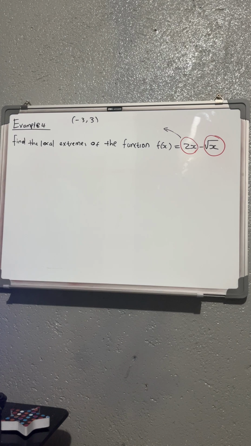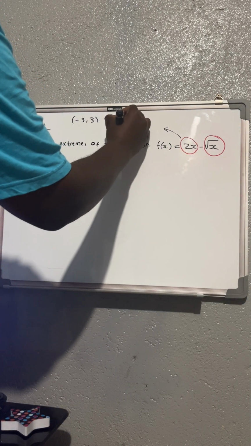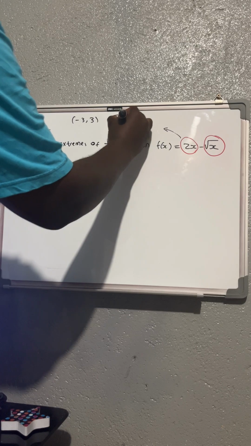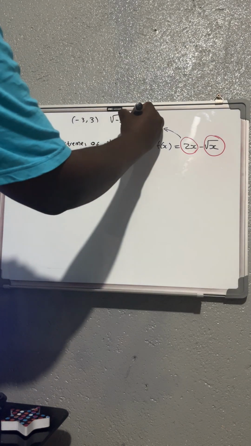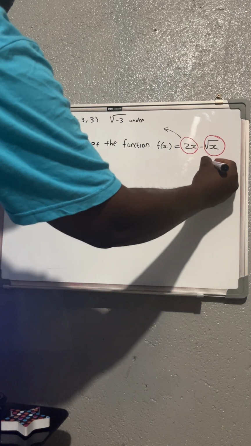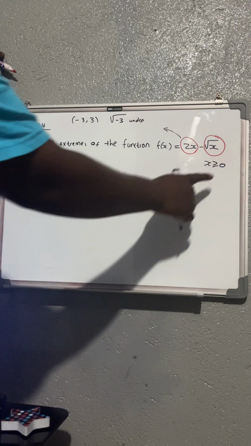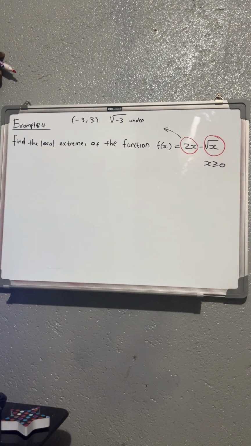But when we come to this one and try to put in something like negative 3 or negative 1, this becomes undefined. So for this one, x should be greater than or equal to 0, because when you put 0 in here, the square root of 0 is 0. Then the square root of 1 gives you something else, as long as it's not giving you an undefined answer or breaking.